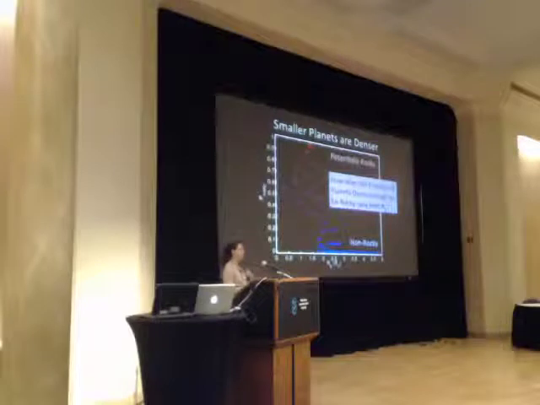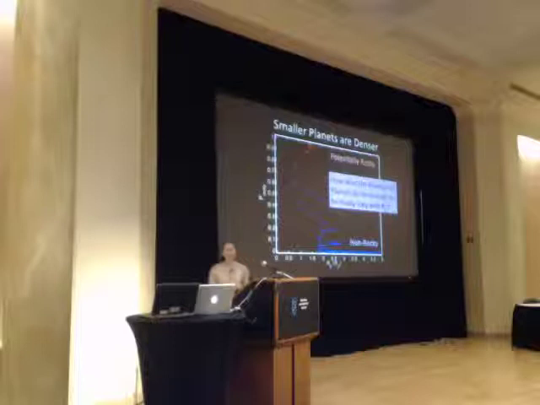So we might anticipate that at a given radius, we're not too strongly biased in how this sample is sampling the underlying distribution of planet masses.